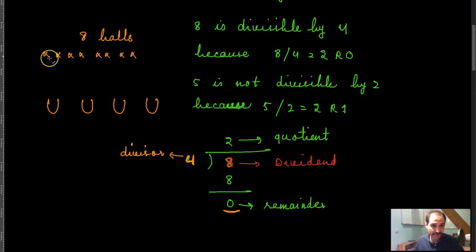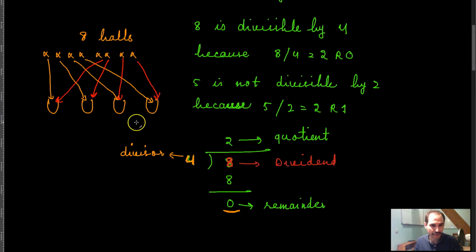The first time you put one ball into here, one ball into here, one ball into here, and one ball into here. The second time, you put one ball into here, another ball into here, another ball into here, and another ball into here. So you could do this process 2 times without failure, and none of the balls is remaining.